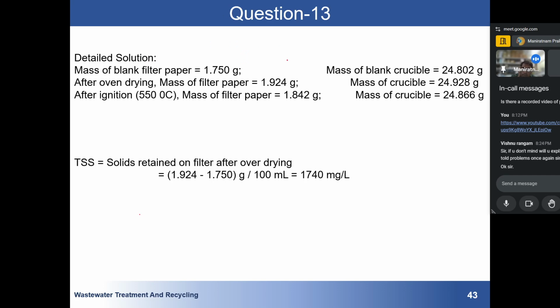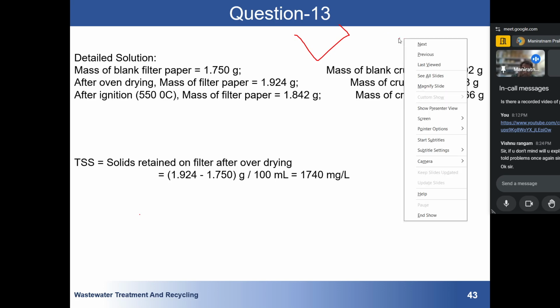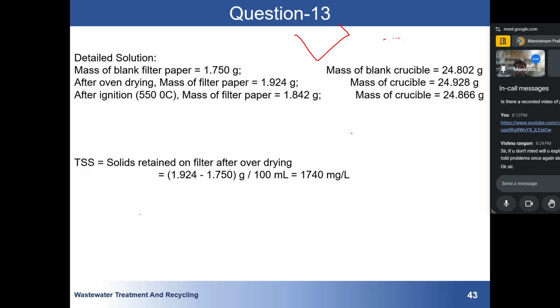So we know that volatile suspended solid will be whatever... Now what has happened is that all the suspended solid which was there was on this filter paper. So this will contain both volatile and non volatile.